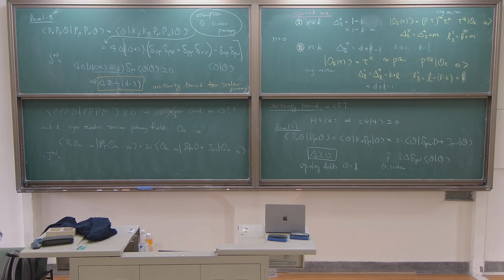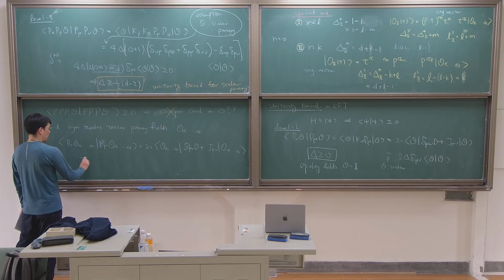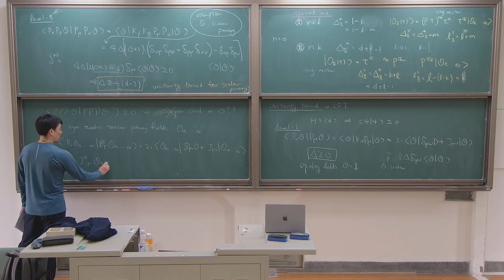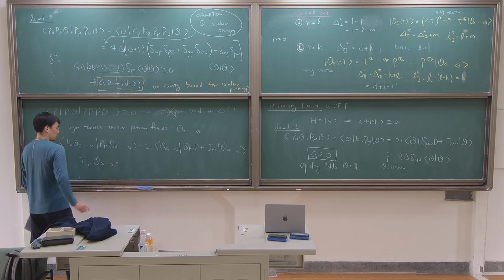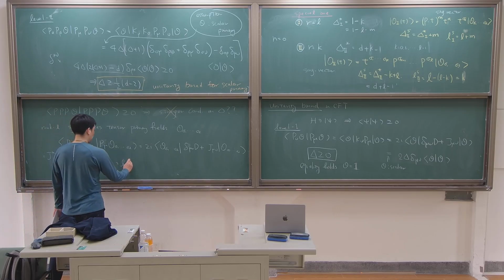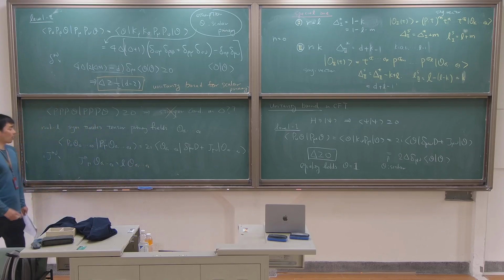If you take i times J mu nu, it's this one, and J mu mu acts on operator sigma 1 to sigma L of this O, the spin. This J mu mu trace part just takes the spin condition.